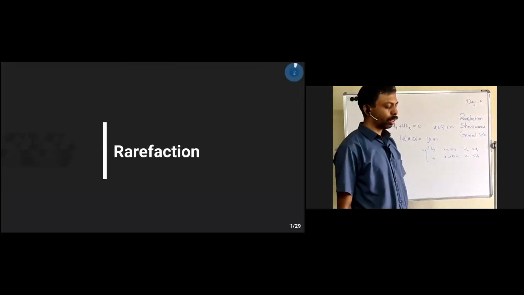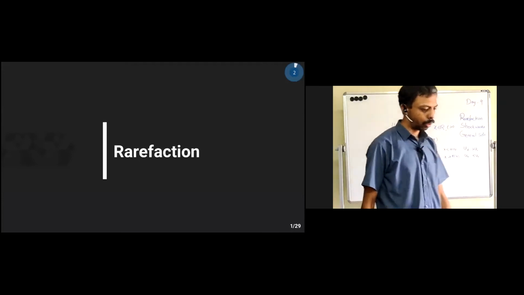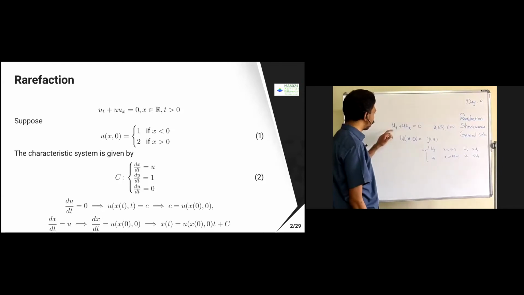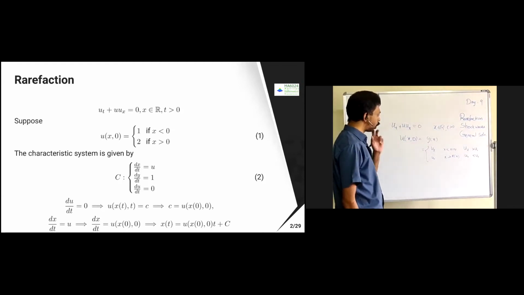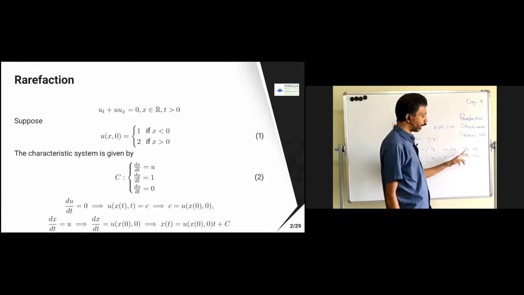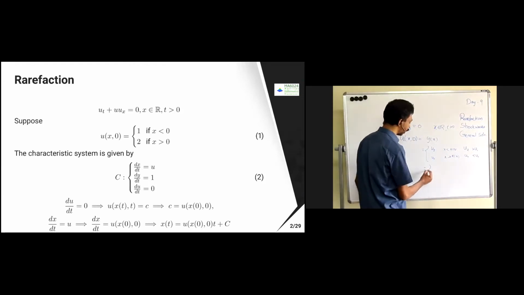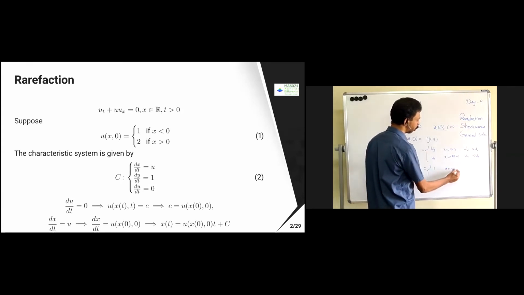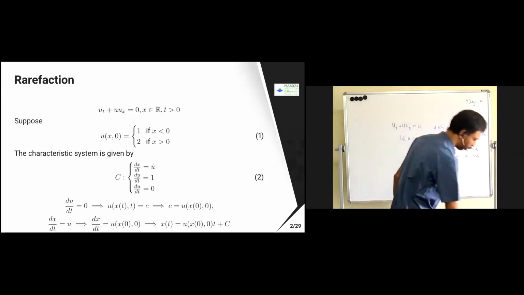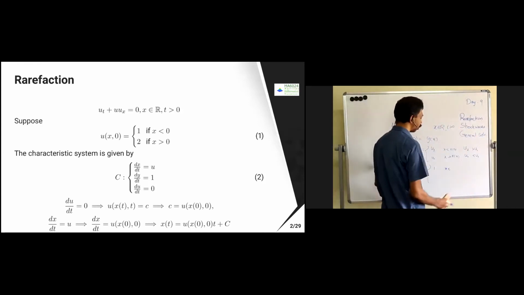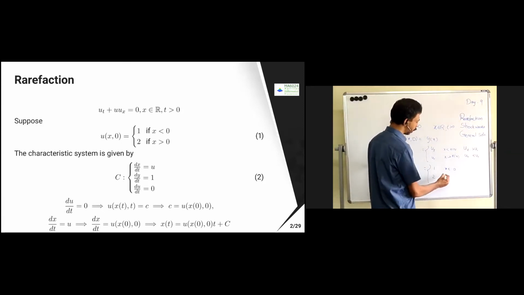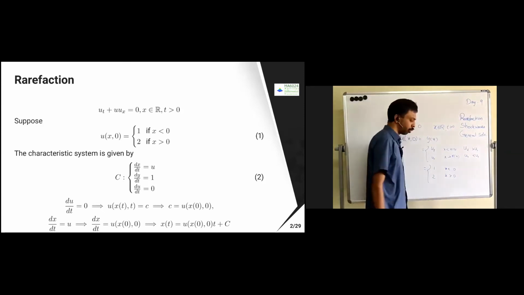So the first one is called the rarefaction. In the rarefaction, what is happening? The same problem, u_t + u u_x = 0, with u(x,0) equal to u_L, u_R. I am taking u_L as 1 if x is less than 0, taking x0 as 0, and 2 if x is greater than 0.